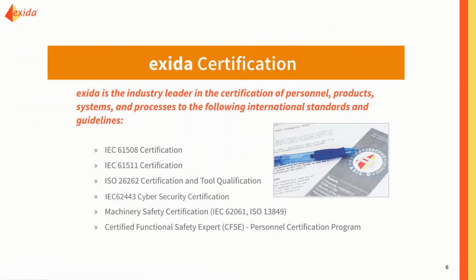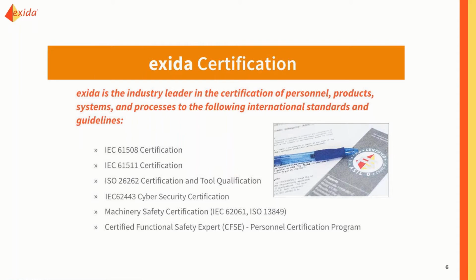And a little bit more about our certification schemes. So we have certifications based on different IEC, ISO, or even ISA standards. Like we have certifications for IEC 61508, we have certifications for IEC 61511 and ISO 26262.